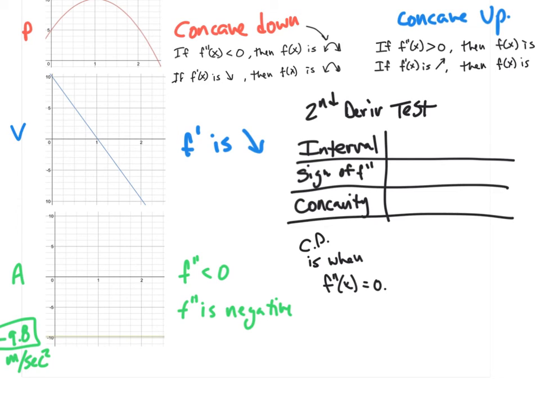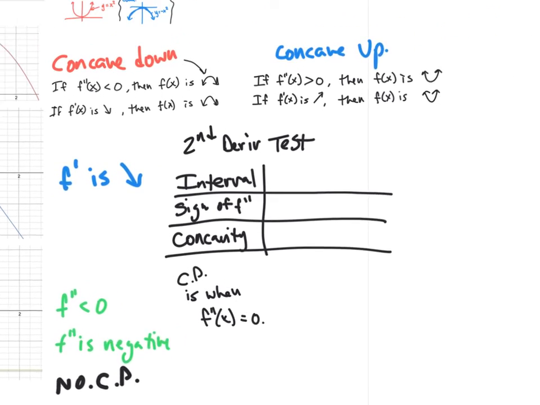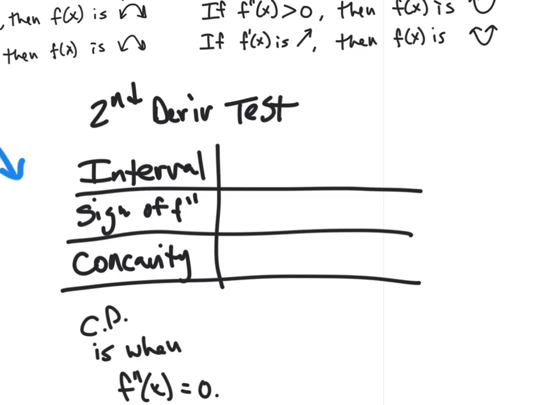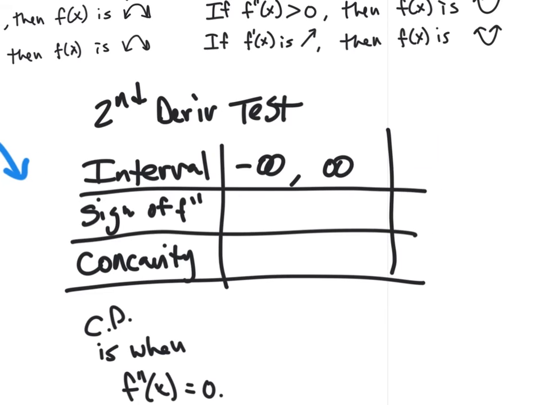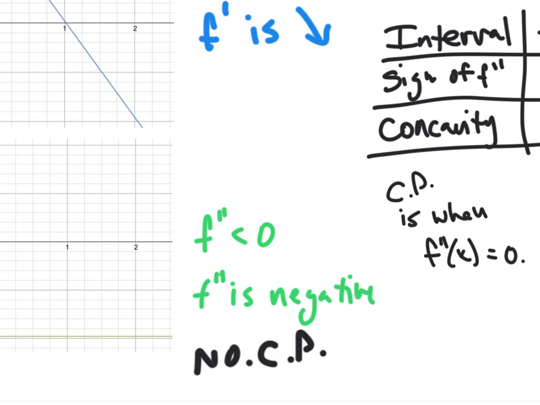So we have no critical points here. Our interval is just from negative infinity to positive infinity, and we know that the sign of our second derivative in this example is negative. We know that it's below the x-axis, way down here.